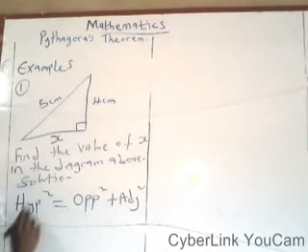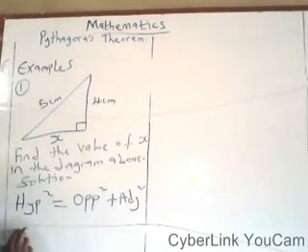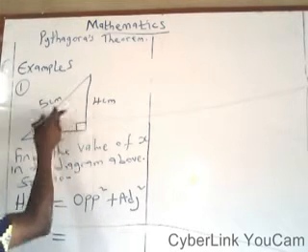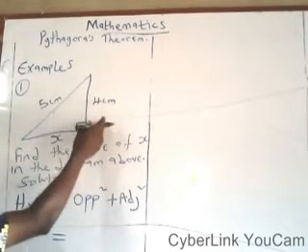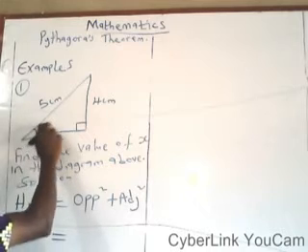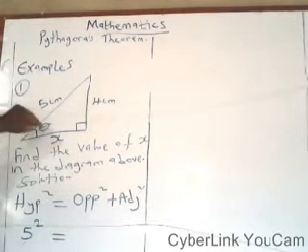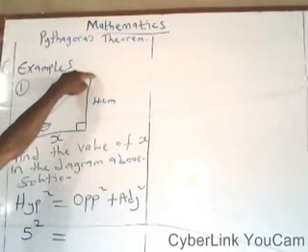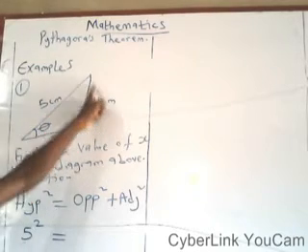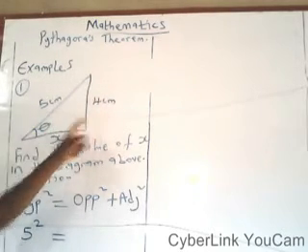If that is the case, our hypotenuse here is 5 centimeter square is equal to, which one is the opposite, which one is the hypotenuse? You yourself can do that. Place your angle here and let this place be theta. In that case, if this place is theta, automatically this is the opposite, because this angle theta is facing directly this 4 centimeter.